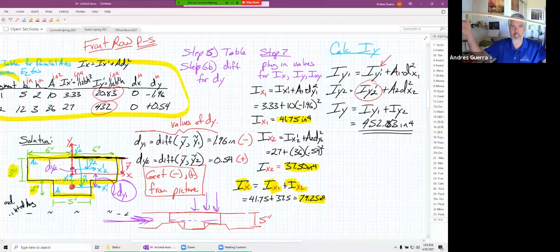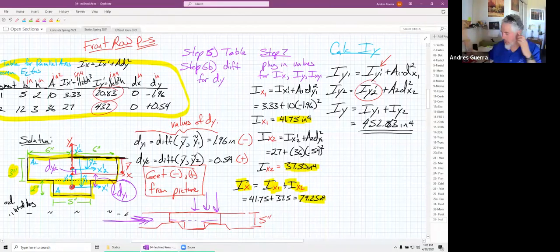Iy would be if the slab was bending in this direction, so kind of coming in and out of the screen here, out of my video. Usually the slab systems are not the ones that support the lateral loads in a building. They can, but typically the slabs are only for vertical loads, and so that's why we only used Ix. But for our example, we'll calculate Iy as well.